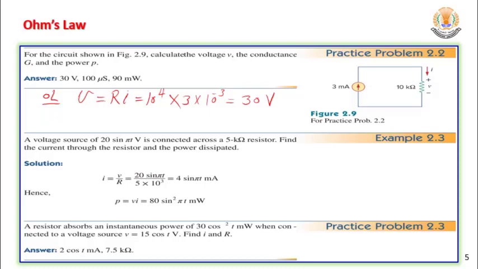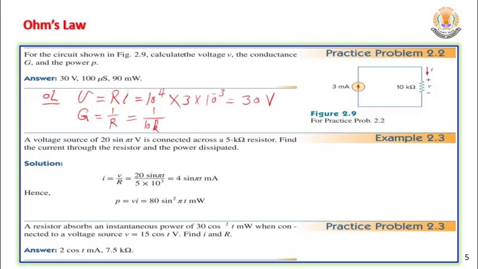Next, calculate the conductance. G is 1 over R, so it will be 1 over 10 kilo. We can write like that, by the way. And the kilo can be converted up to milli.